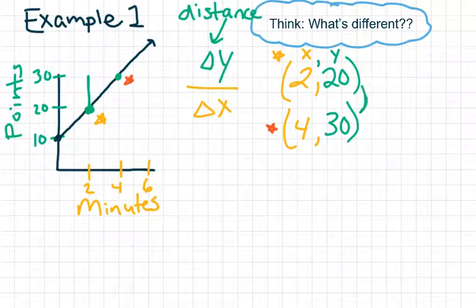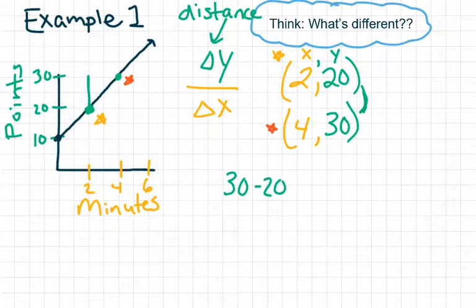The distance from 20 to 30 I know is 10, and I can show that this way with subtraction: 30 minus 20 is equal to 10. And then I also have to do the distance moving along the x-axis, moving horizontally, and that's moving from 2 to 4.